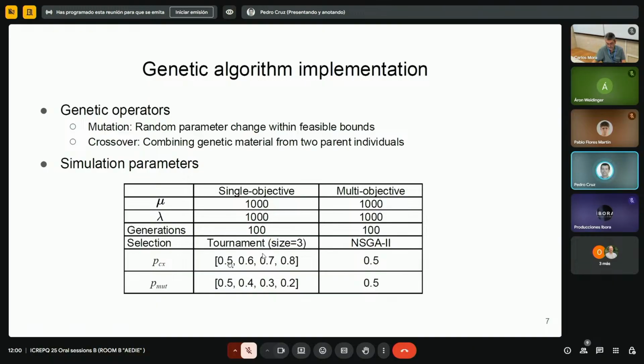For example, 0.5 with 0.5, 0.6 with 0.4, etc. And with these probabilities, we have obtained the best solution that is reached with the 0.5 and 0.5 probabilities. So these two probabilities have been extended to the multi-objective problem, also with 0.5 and 0.5 probabilities.